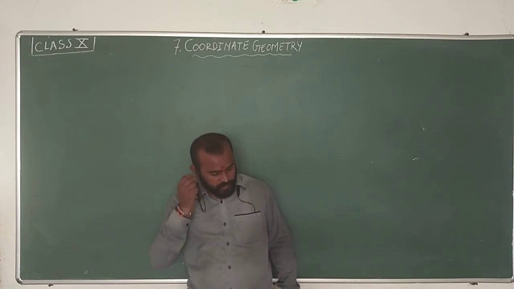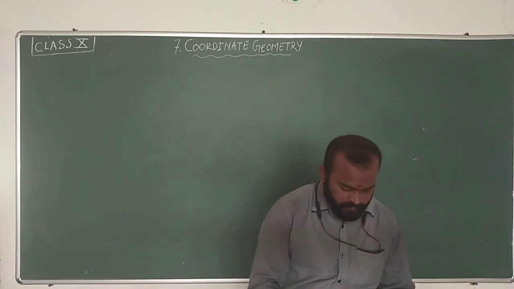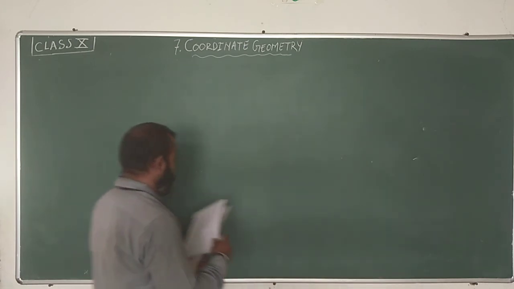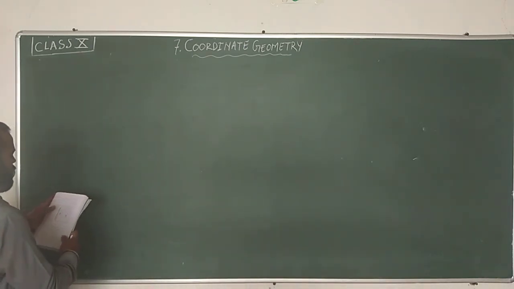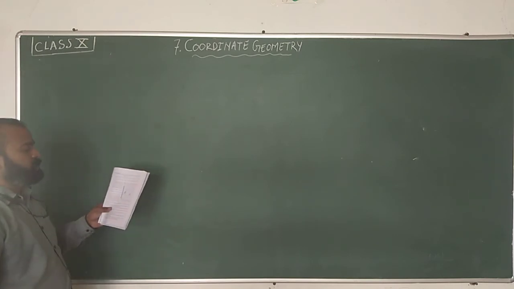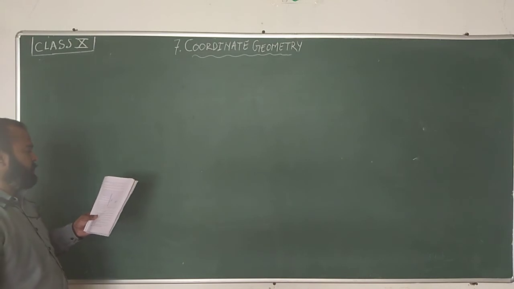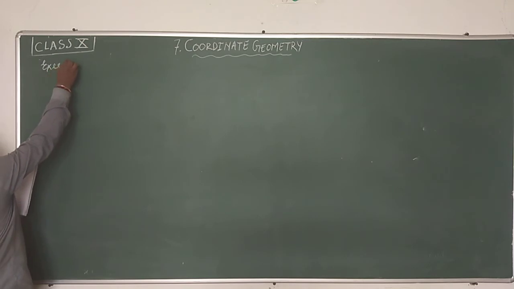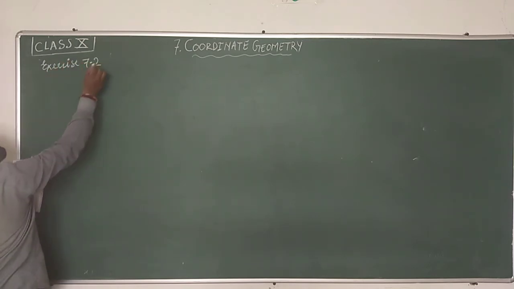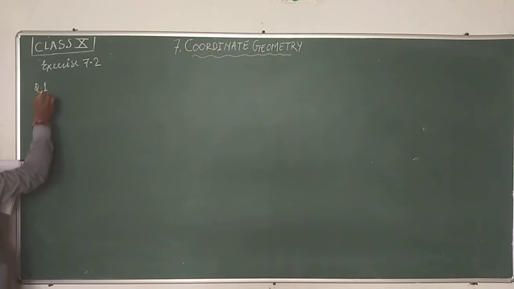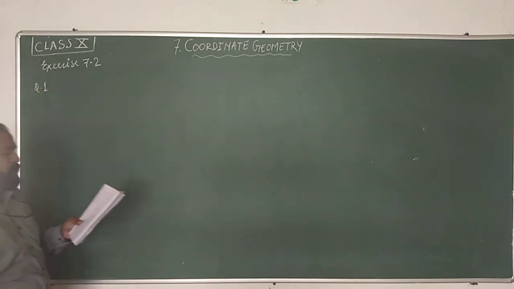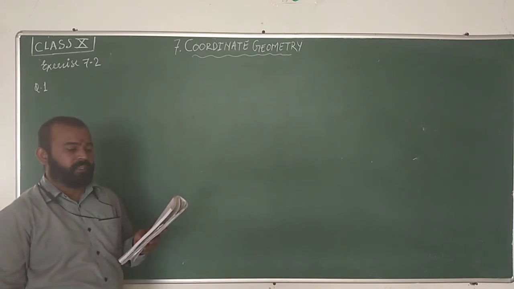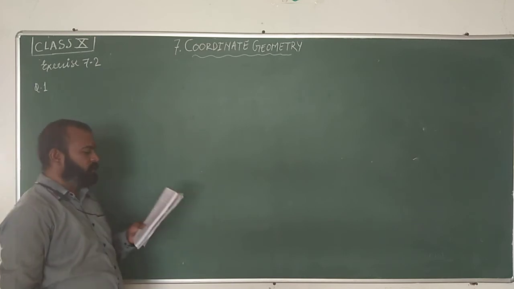Let's say: find the coordinates of the point which divides the line joining (-1, 7) and (4, -3) in the ratio 2:3. This is exercise 7.2 question number 1.